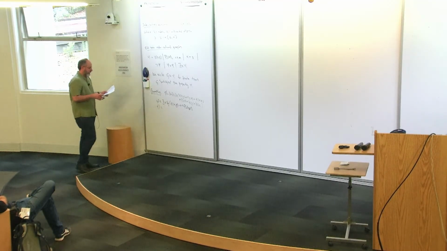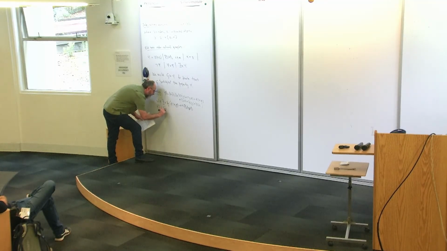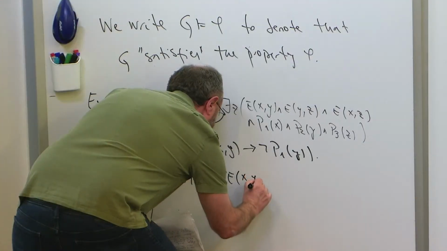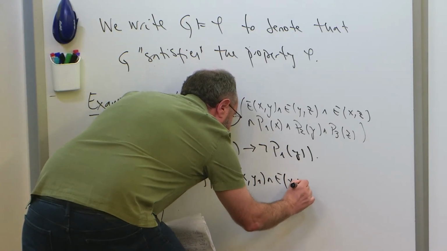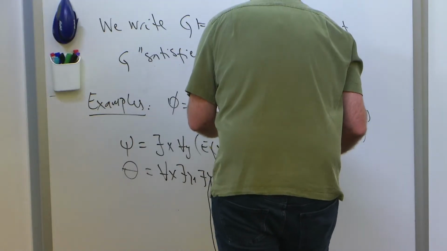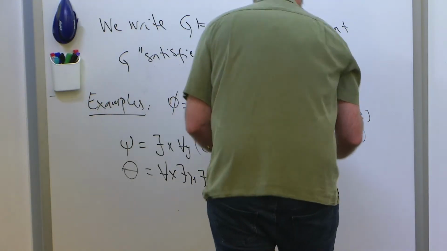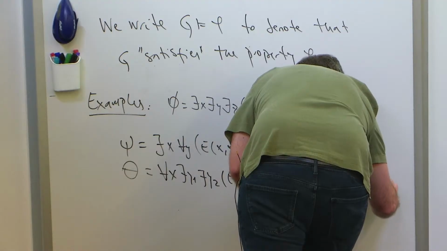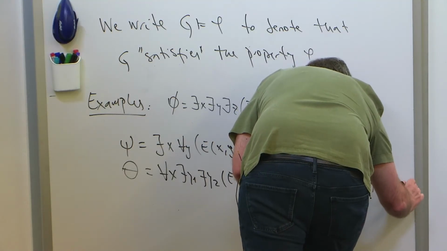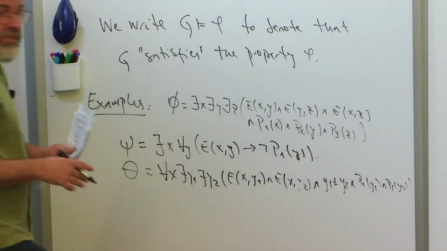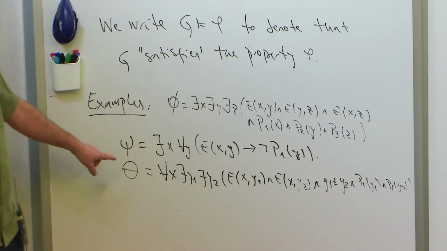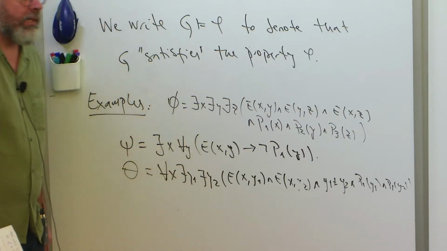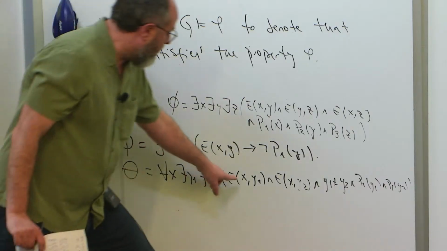And then a last example, theta. What this formula theta is expressing is that for every node in the graph, there exist two nodes, y1 and y2, that are linked to x.